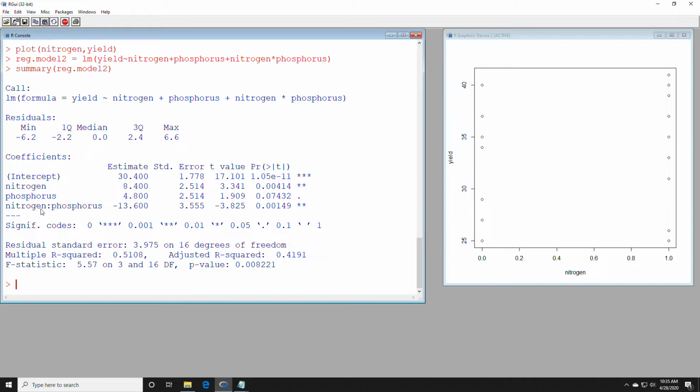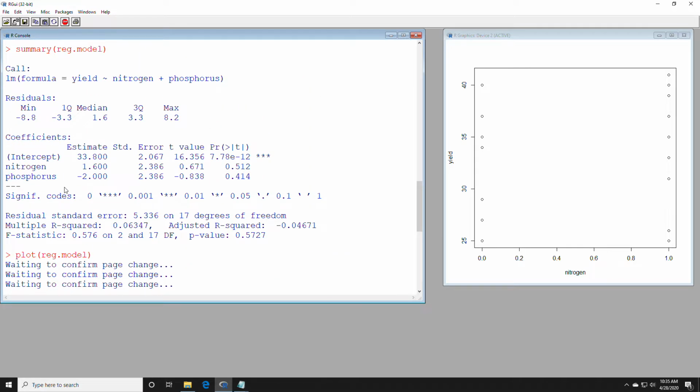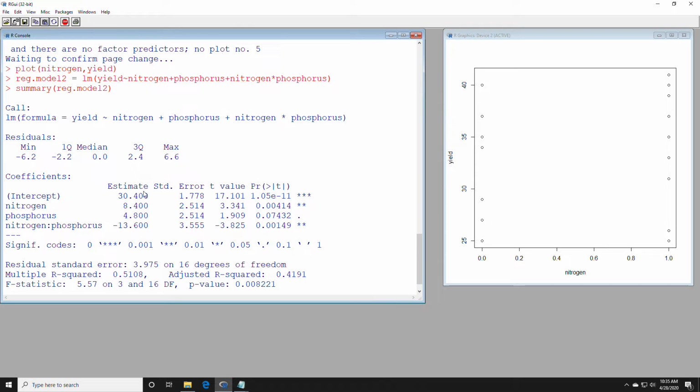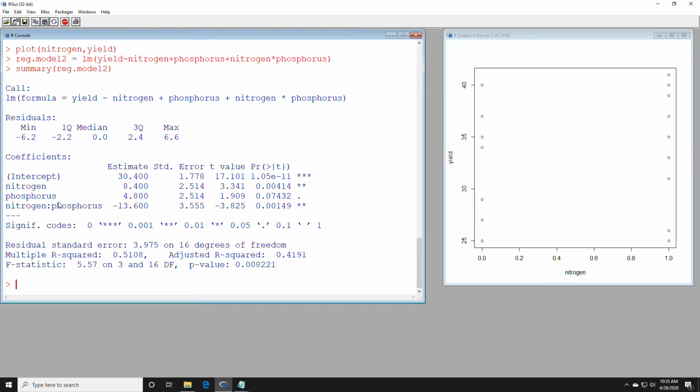There is some chemical reaction between nitrogen and phosphorus, such that nitrogen alone doesn't really do anything to affect crop yield, and phosphorus alone doesn't either. But together they interact in a special way to affect crop yield. And so they are actually very useful.